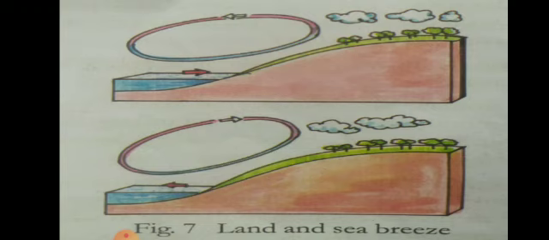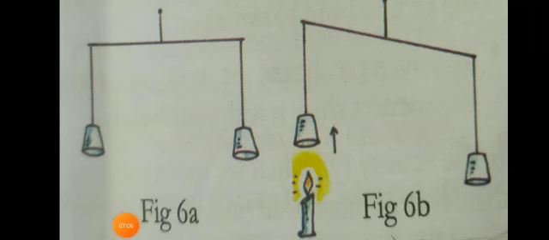Take an incense stick, agarbatti, and light it. Observe the smoke of the incense stick. Where does it go? Our observations from this activity indicate that warm air rises up, as you are seeing in figure 6B.